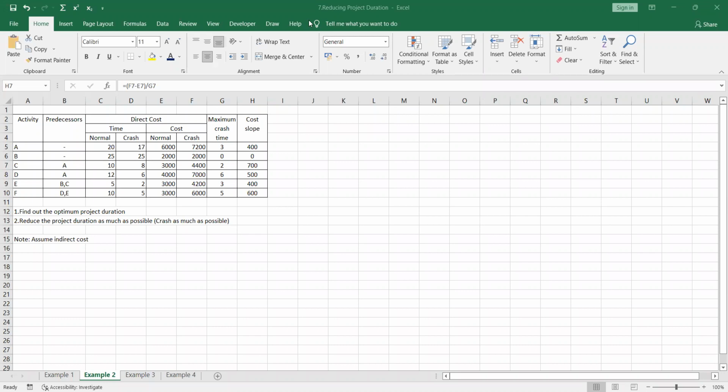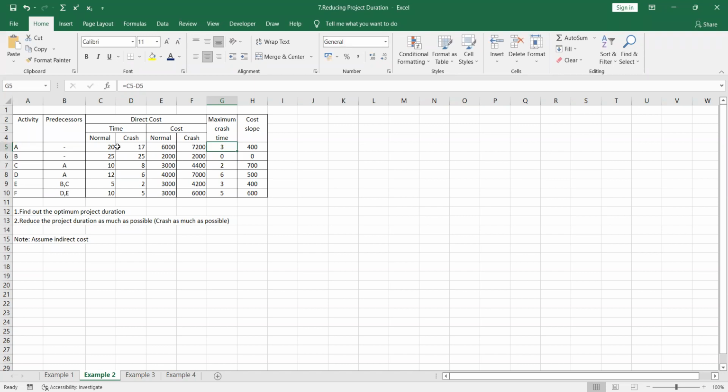I am not asking you to work out this example. Okay. So after writing down this example, you have to calculate the maximum crash time, right? So how are you going to calculate the maximum crash time? From the normal time, you have to deduct the crash time, right? So that is the maximum crash time.